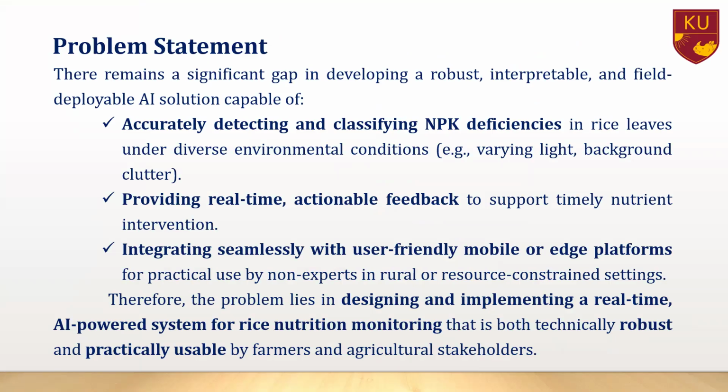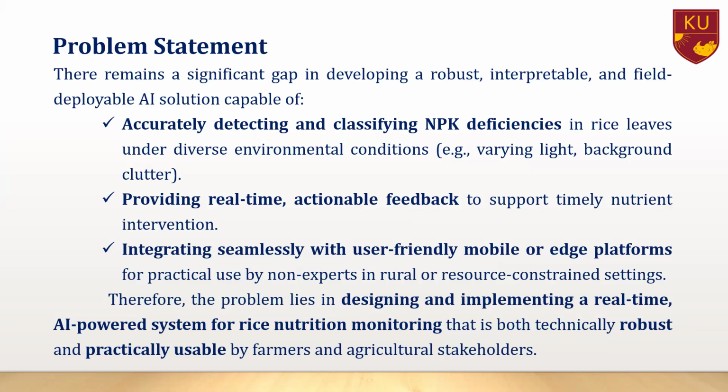So my problem statement is there is a significant gap in developing a robust solution. The main ground problem is that the farmer has less expertise, so they have to do their work with lesser knowledge.